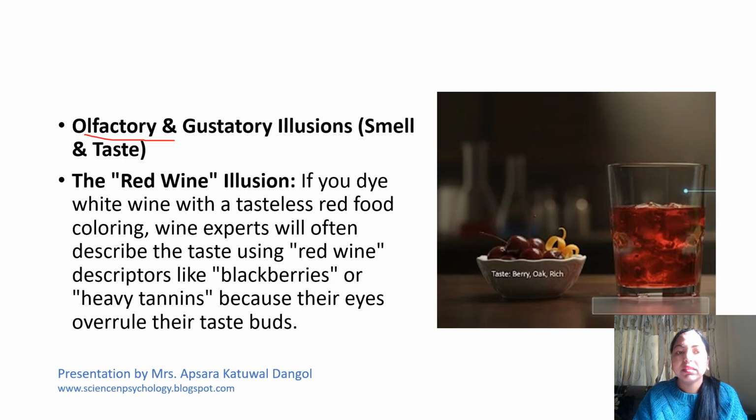Talking about the olfactory and gustatory illusion, smell and taste. Sometimes what happens is when we feel like eating some dish which is a favorite to us, like chicken curry. If I like chicken curry, and I just imagine somebody is cooking that, I feel like that smell is nearby.